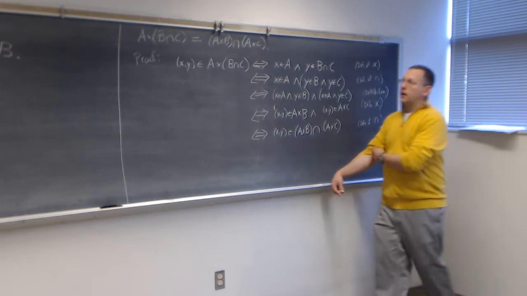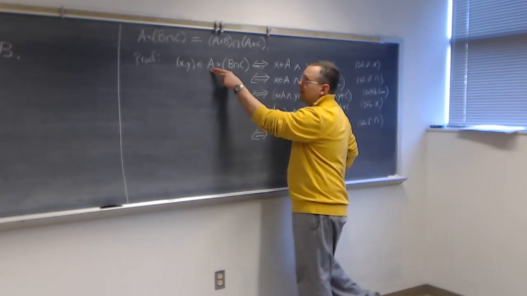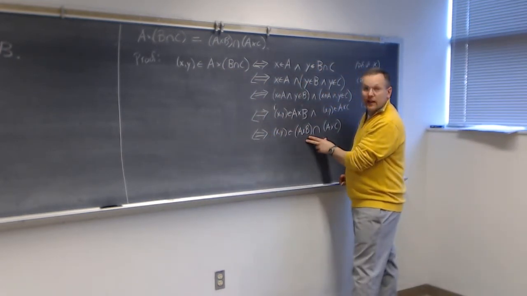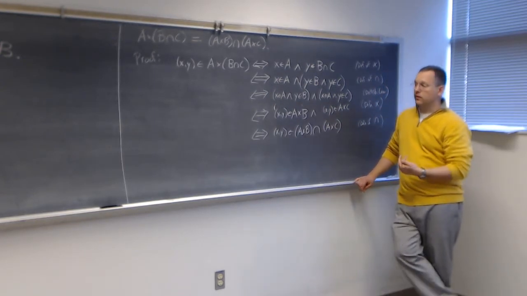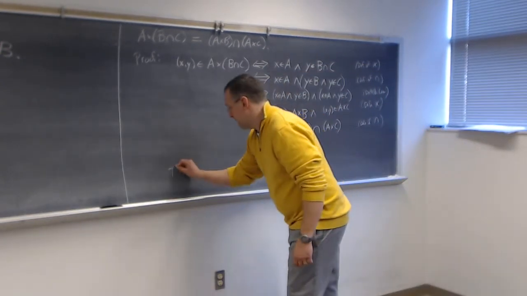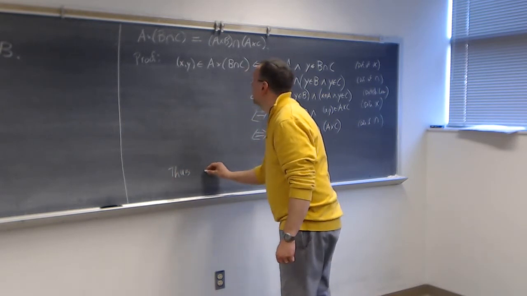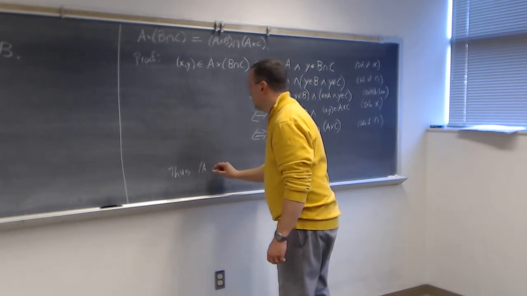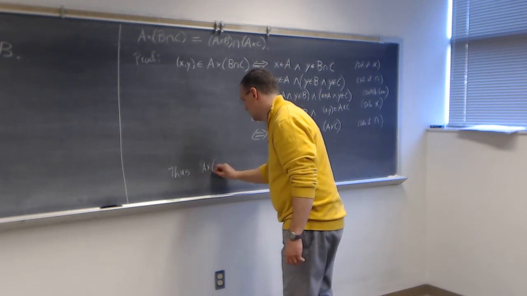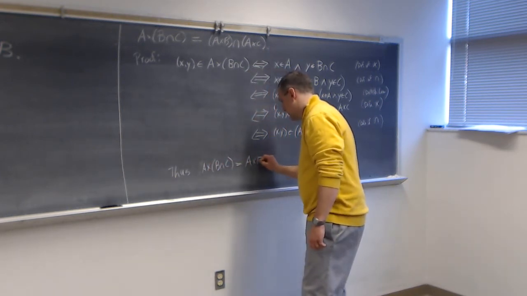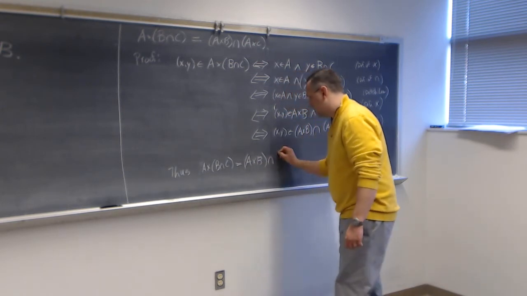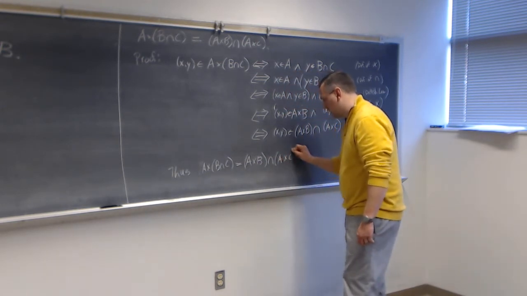So I have this long chain. I know that an element in this set means that element is in this set. Therefore, the two sets are equal. Thus, A cross (B intersect C) equals (A cross B) intersect (A cross C).